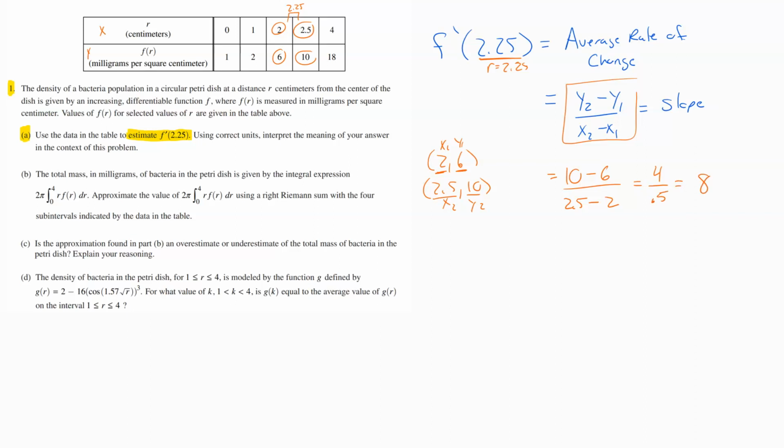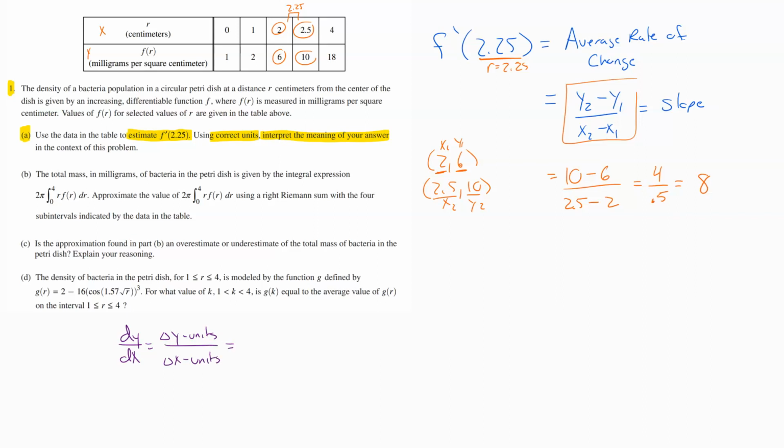Now what we have to do in the end is come up with the correct units for that answer, and then they want us to interpret the meaning of the answer in terms of this problem. Whenever I need to do the units on a problem, I go back to the standard derivative notation, which is dy dx. That's always saying the change in my y units over the change in my x units.